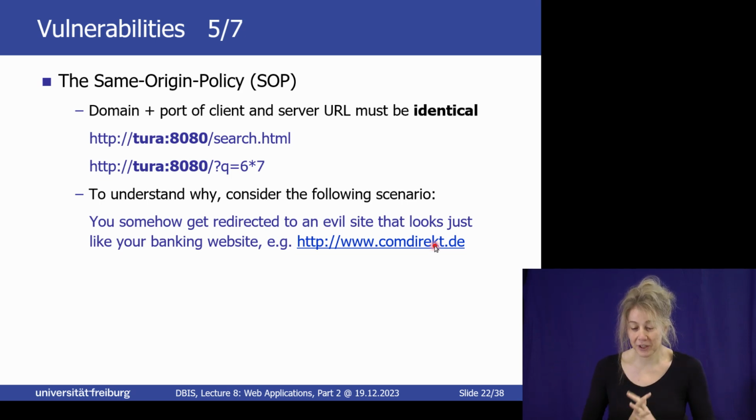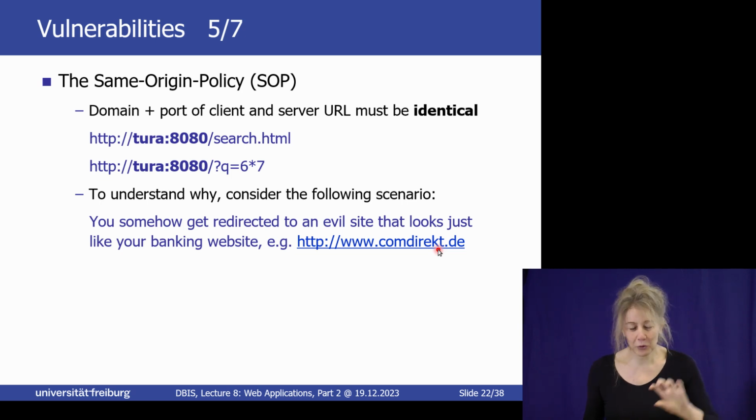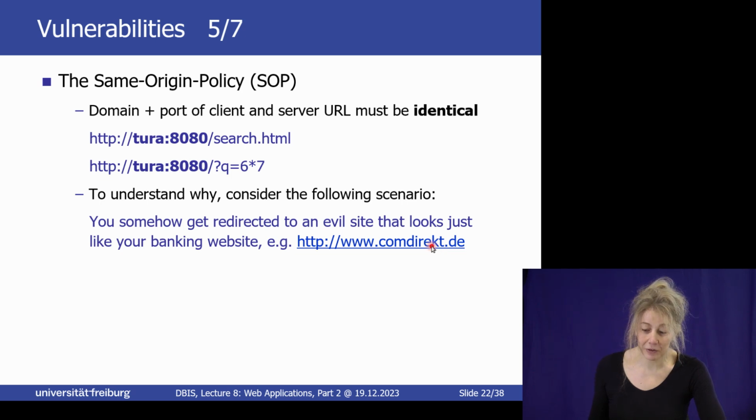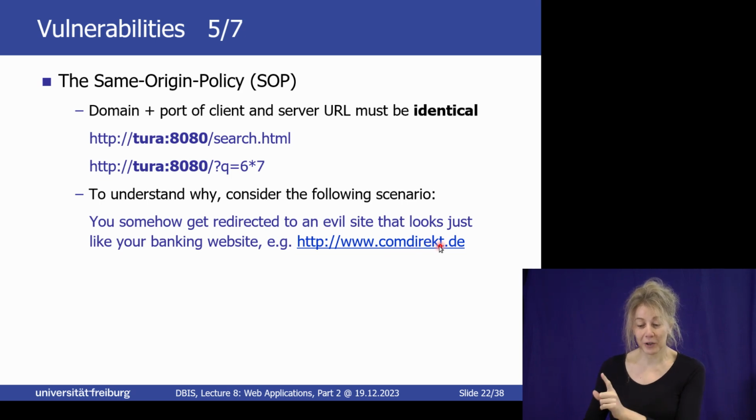People enter their data, they log in, and now you send that data to the real one. You know how the API calls to the real page work, and they will have a different domain. They will have Comdirect with C, right? And now Comdirect with C, the real bank, will not allow Comdirect with a K, the evil one, to use their result, right? So that's why what we just did was the right thing.